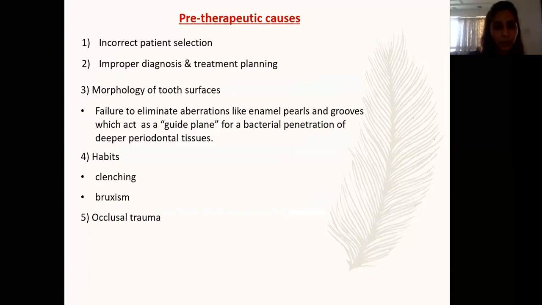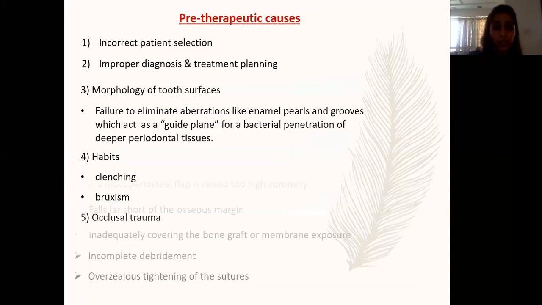Under pre-therapeutic, again, an improper treatment plan, coming across sudden morphological, anatomical aberrations like grooves or pearls, but being able to manage them, of course. Consideration of habits and trauma from occlusion like clenching and bruxism are also an important consideration, without which your case could probably fail.